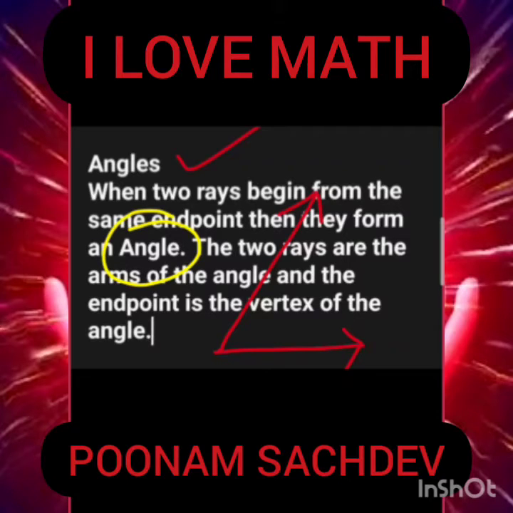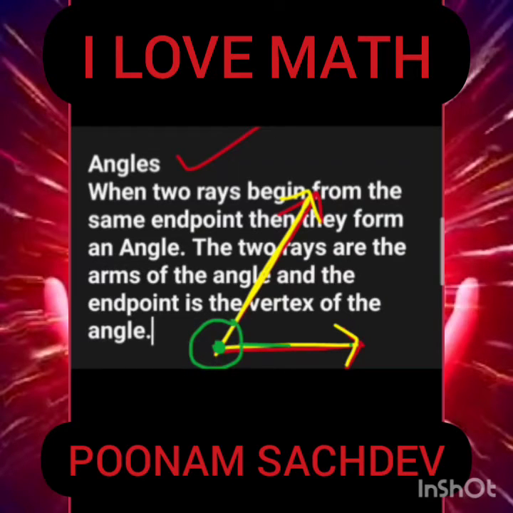The two rays are the arms of the angle. Got it? And the endpoint is the vertex of the angle. Suppose I am choosing this ray, its endpoint lies here, and for this ray also its endpoint lies here. So my dear student, this endpoint is considered the vertex of that angle.